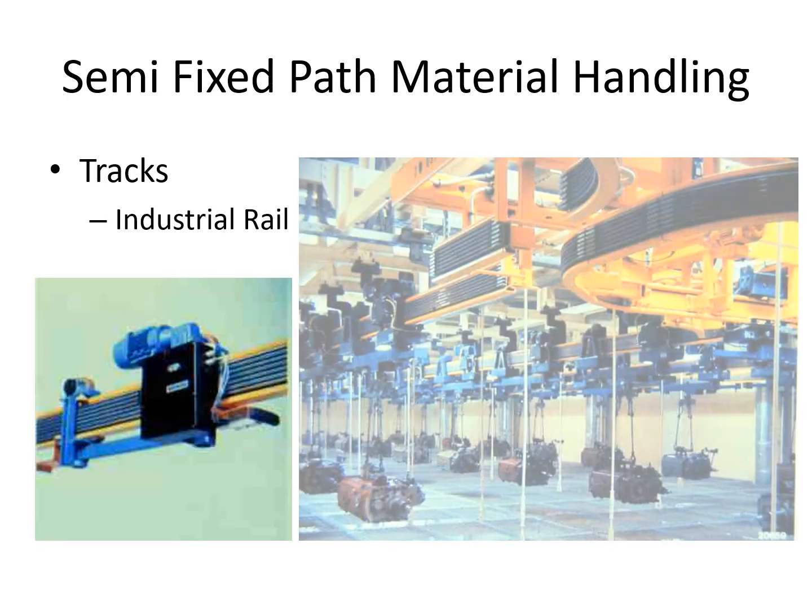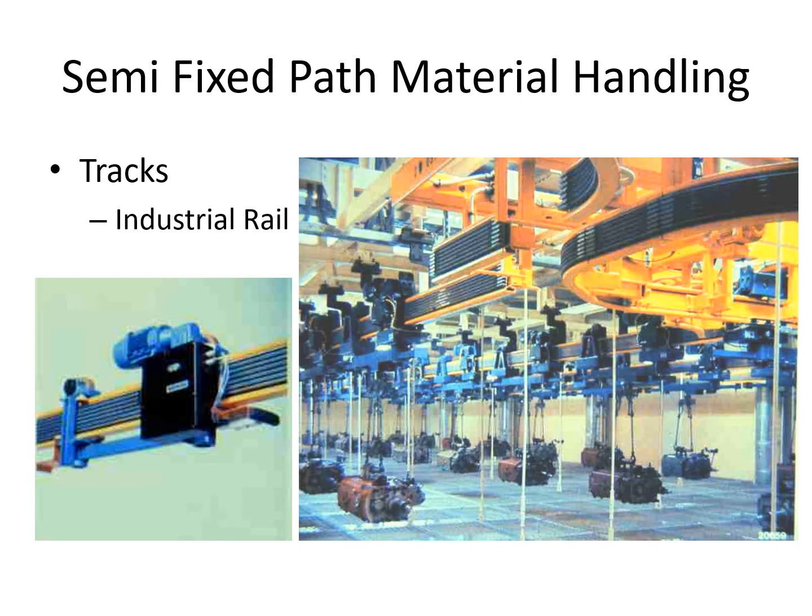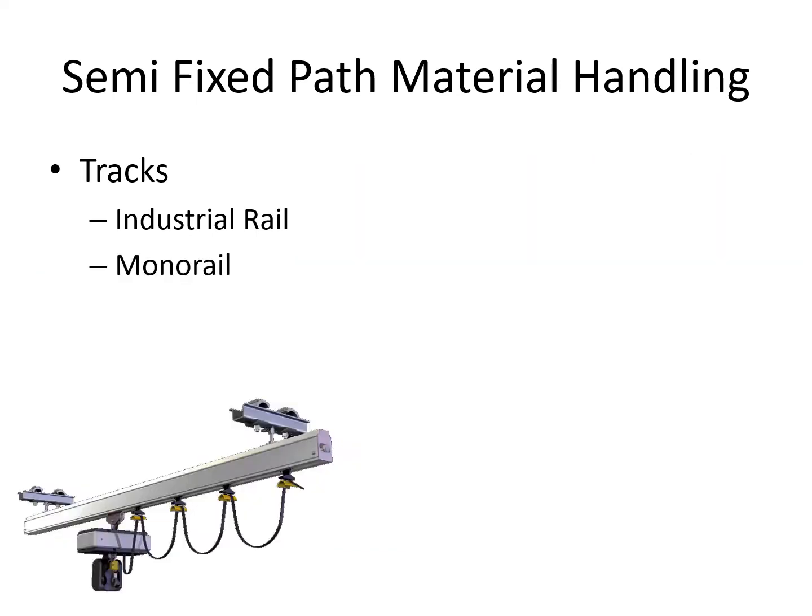When it comes to the semi-fixed material handling equipment, first and foremost we have the tracks. Industrial rails, as shown in the figure, are run all across the factory to move the material throughout. Or we may have the monorail, where along a rail the material is moved across.